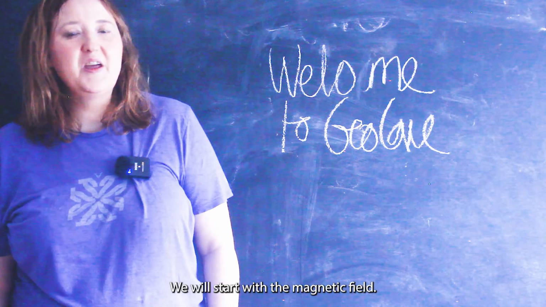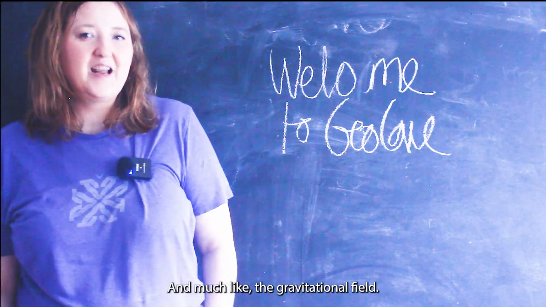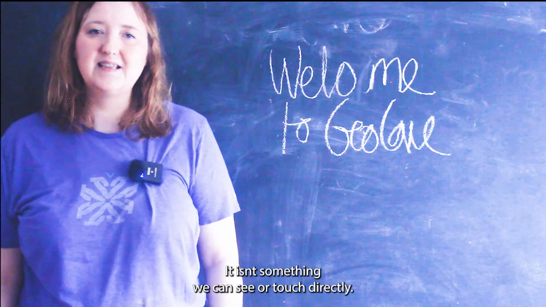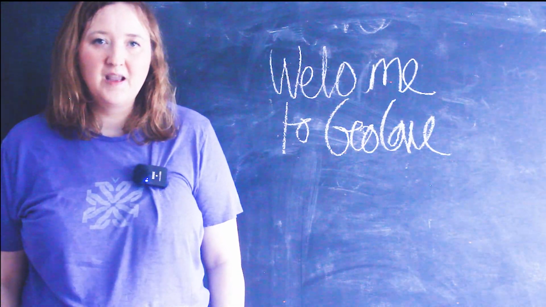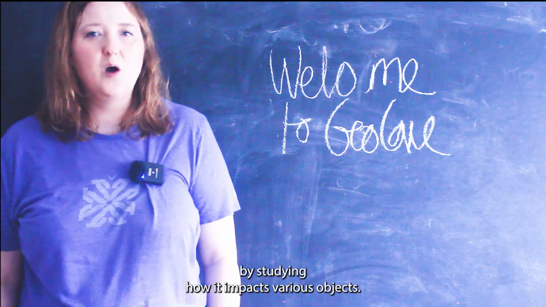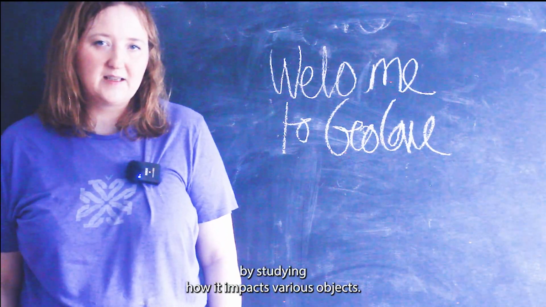We will start with the magnetic field, and much like the gravitational field, it isn't something we can see or touch directly. However, we can observe its effects by studying how it impacts various objects.